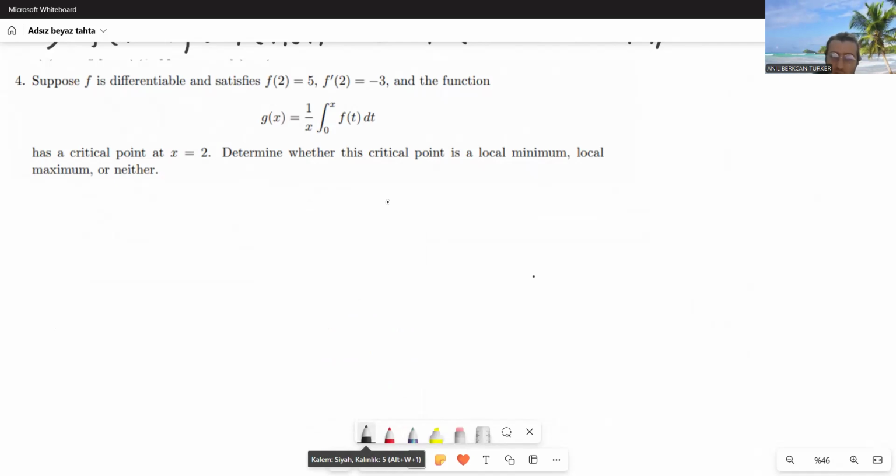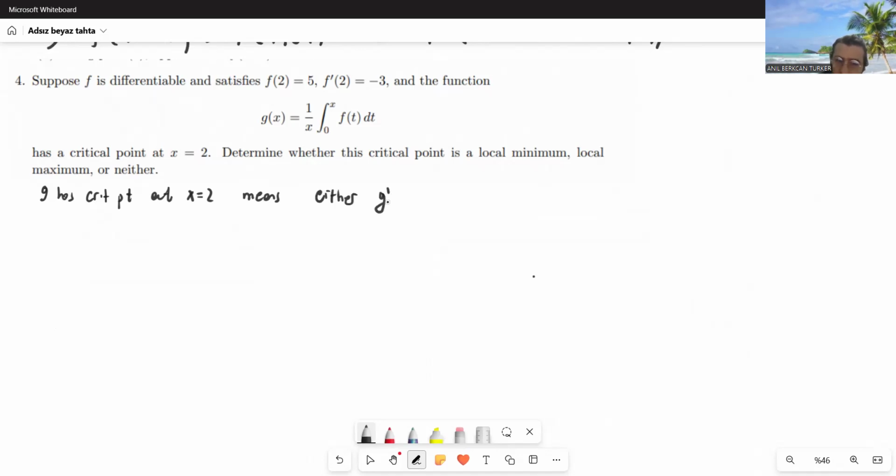It means that g has a critical point at x equals 2 means either g prime 2 is 0 or g prime 2 is undefined. I mean singular.